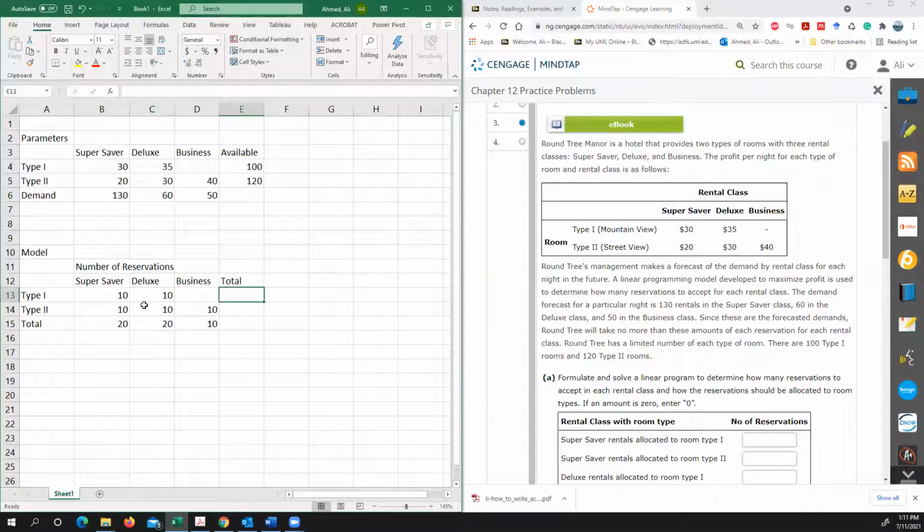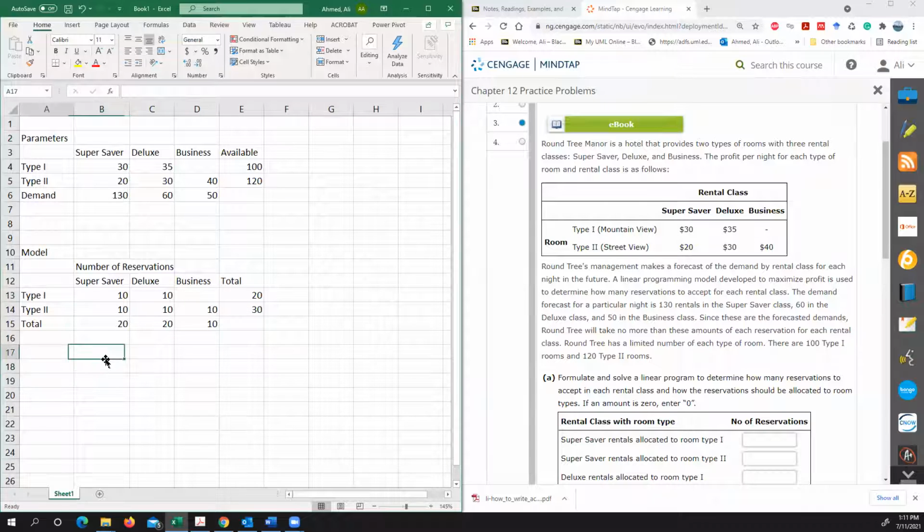And this total is the sum of these two. We can also add this one just for completion. All right, so now once we have this, we have sums here, here, here, here, and here.